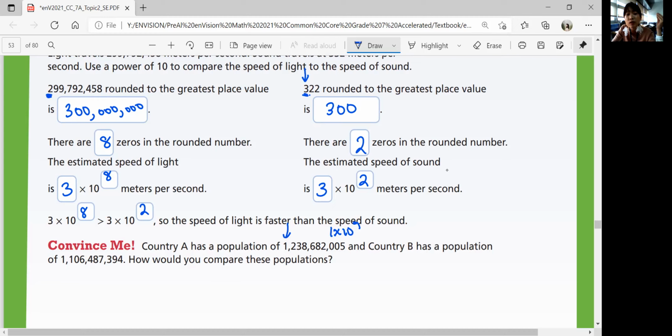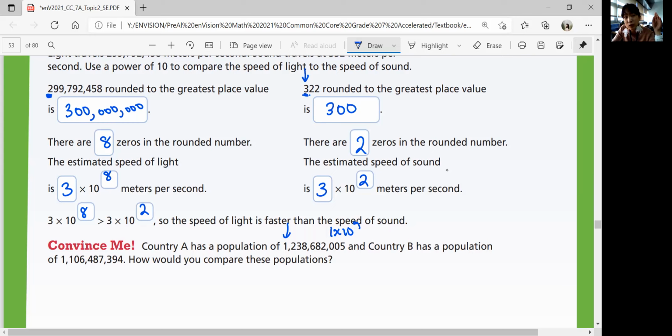So what do you do now? Then you need to round to the next place value if you see the same number when you round to the highest place value. So you keep going to the next place value when the numbers are too close so that you have enough information to compare them, because obviously the numbers are not exactly the same.